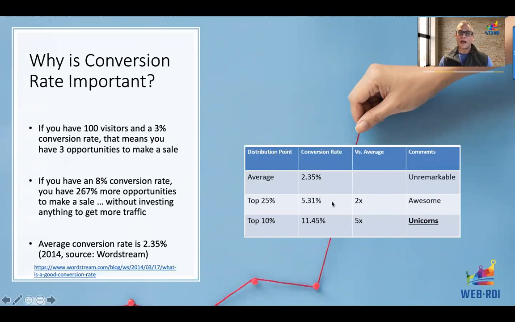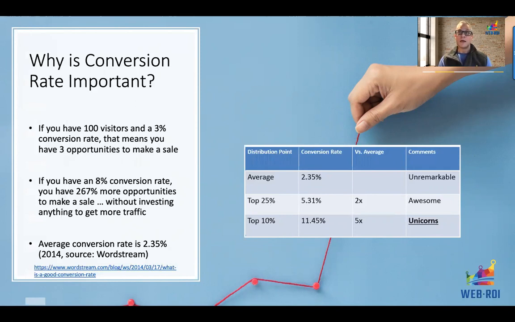So if you look at that average, 2.35% at that time, the top 25% of all web pages were converting 5.31%, and the very best, the top 10%, were converting at 11.45%. Larry Kim likes to talk about unicorns and everybody standing out as a unicorn, but that was 5 times the average. So if you're converting at 11.45%, you have a 5-time better performing website or web landing page than your competitors.